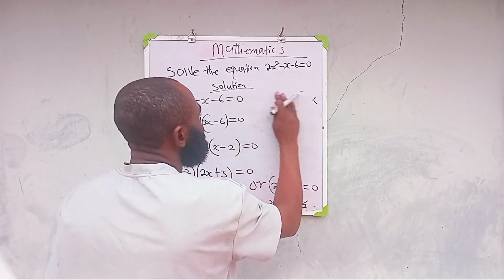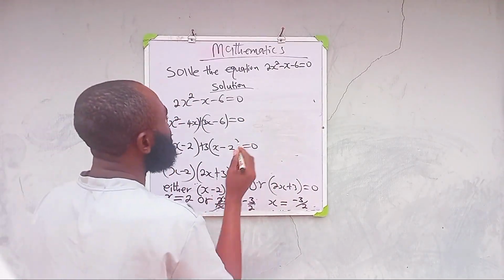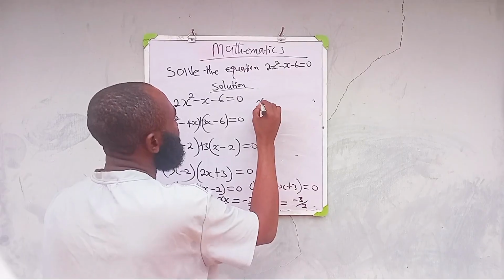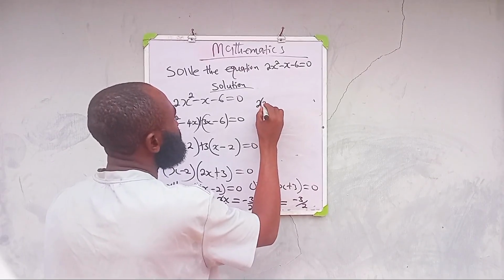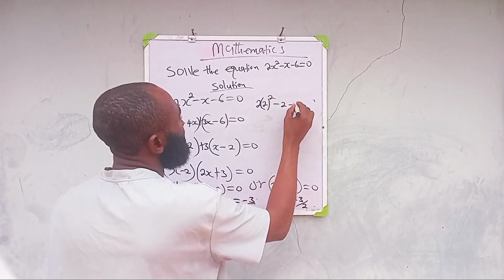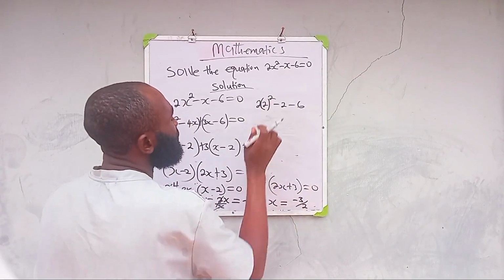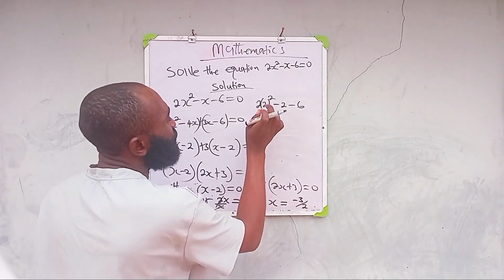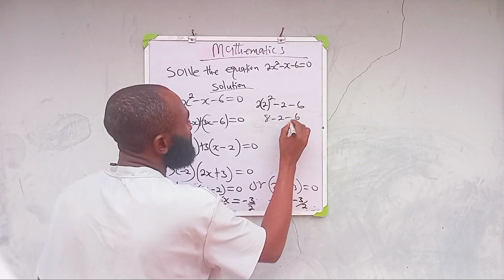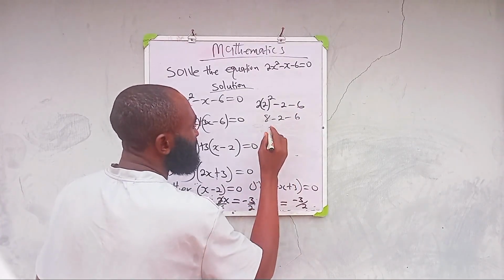Let's check. If x is equal to 2, substituting into our equation, wherever you see x you insert 2. So 2 times 2 squared minus 2 minus 6. 2 squared is 4, 4 times 2 is 8, then minus 2 minus 6 is minus 8.